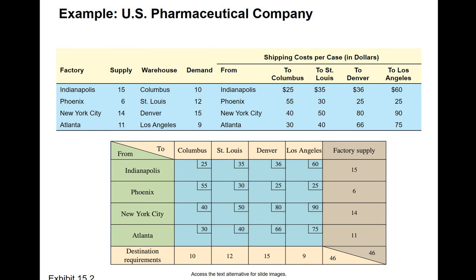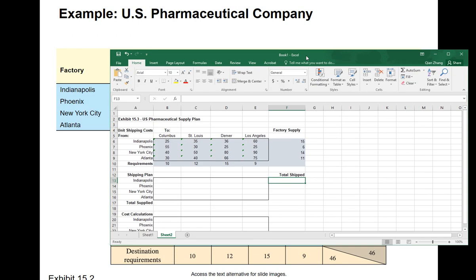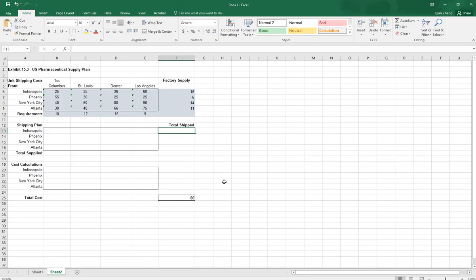Here we apply the Solver in Excel to find the decisions. The solution we would like to find is how many cases Indianapolis needs to deliver to Columbus, to St. Louis, to Denver, and to Los Angeles.